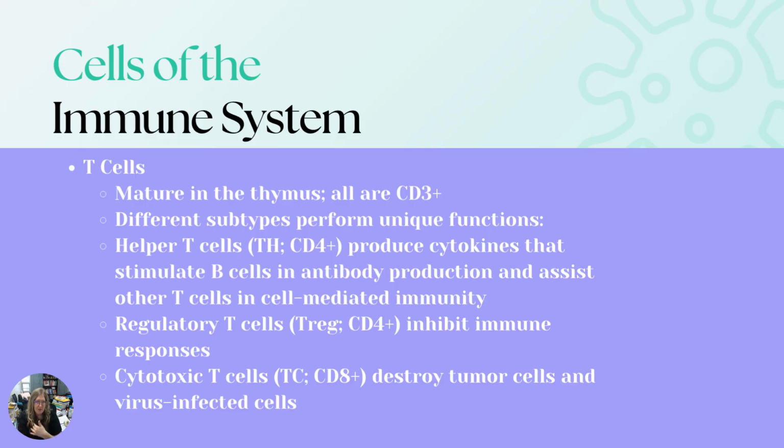And we'll talk about cytokines in a bit. Regulatory T cells can help suppress or control immune responses. And then CD8 positive cytotoxic T cells can directly kill virus infected cells and tumor cells.